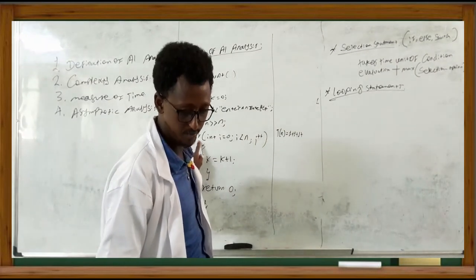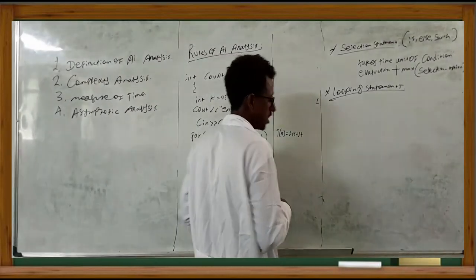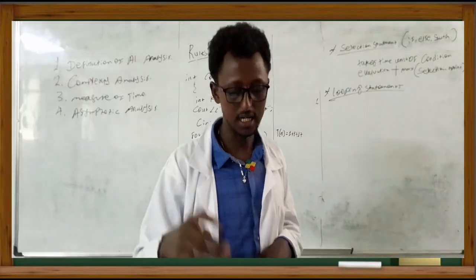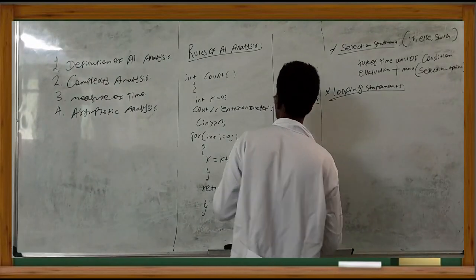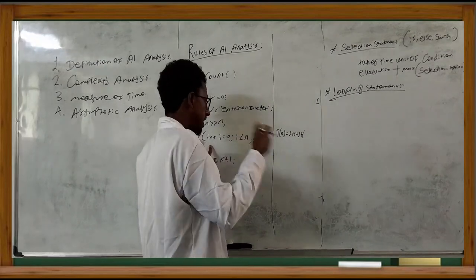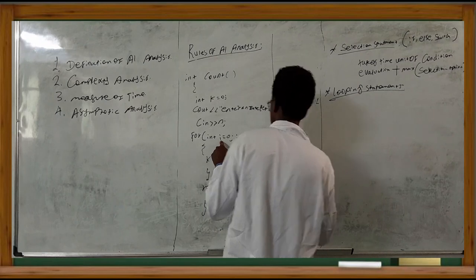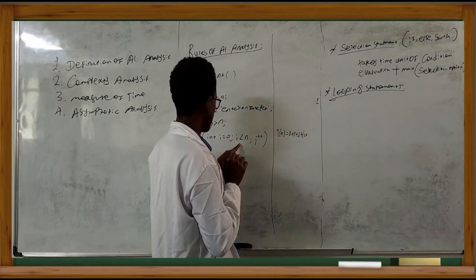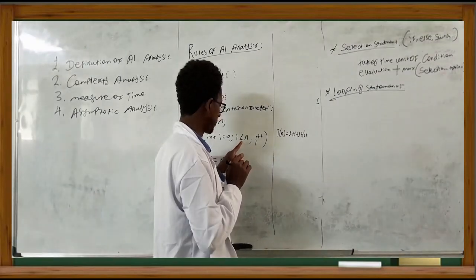For the for loop, as we discussed in the previous slides, we add up all the individual loop parts.